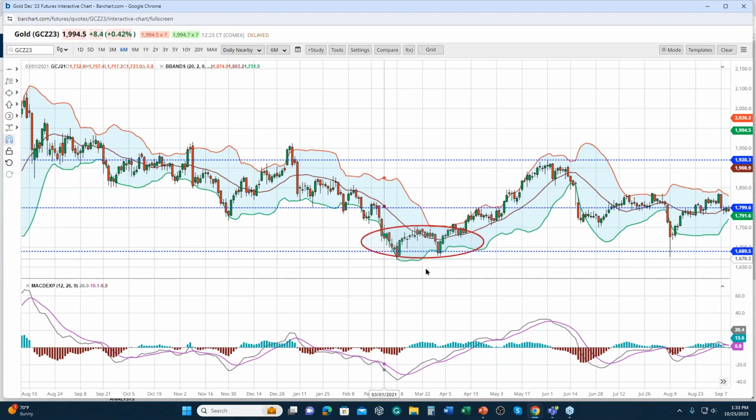Again, this was that circle that we discovered on our weekly where we were on the outside of our Bollinger Bands. And again, notice what we're seeing here is that our price action has come to those outer bands. And what are our bands doing?